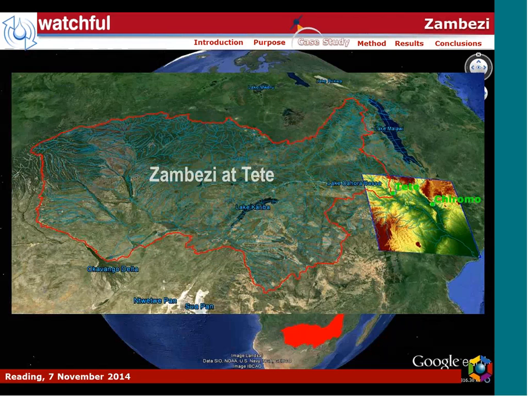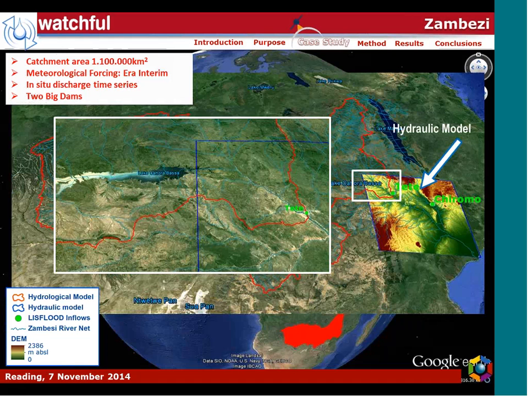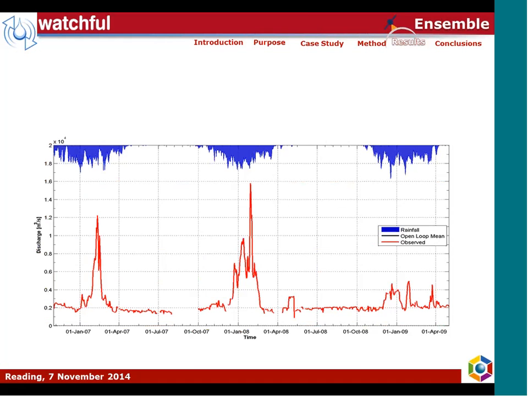So we repeated the same exercise in the Zambezi catchment in Southern Africa, where we had stream flow recordings at the gauging stations. Here, the main issue was that this part of the Zambezi basin is heavily regulated by a dam.